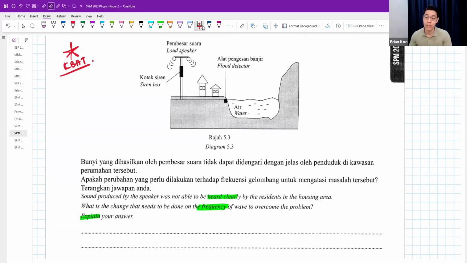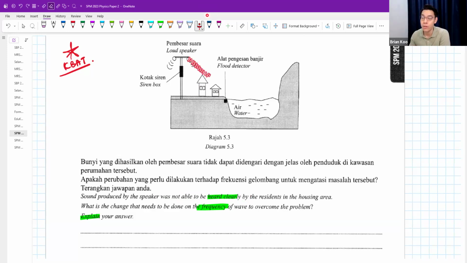Guys, our goal is I want the wave to spread. Right now, I cannot hear the sound clearly. The house is very close to the loudspeaker, but I cannot really hear. The reason is because the wave is too strong.